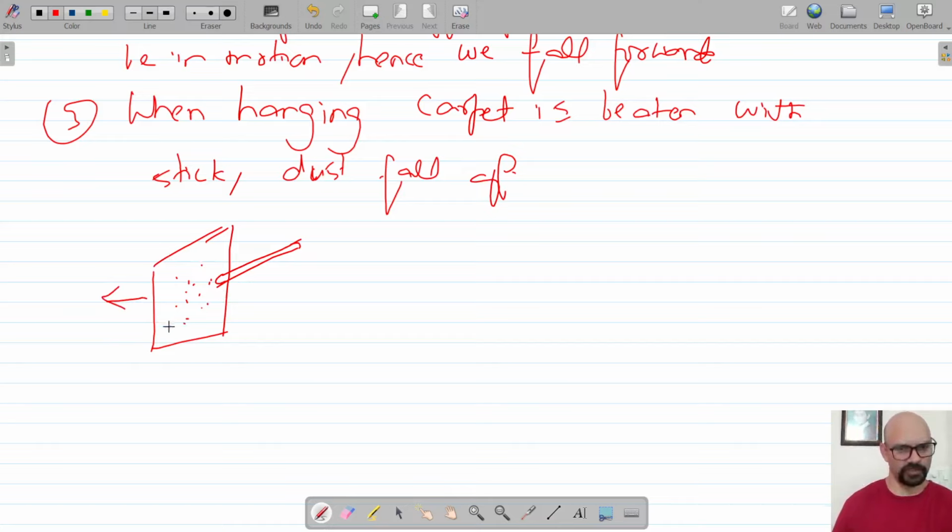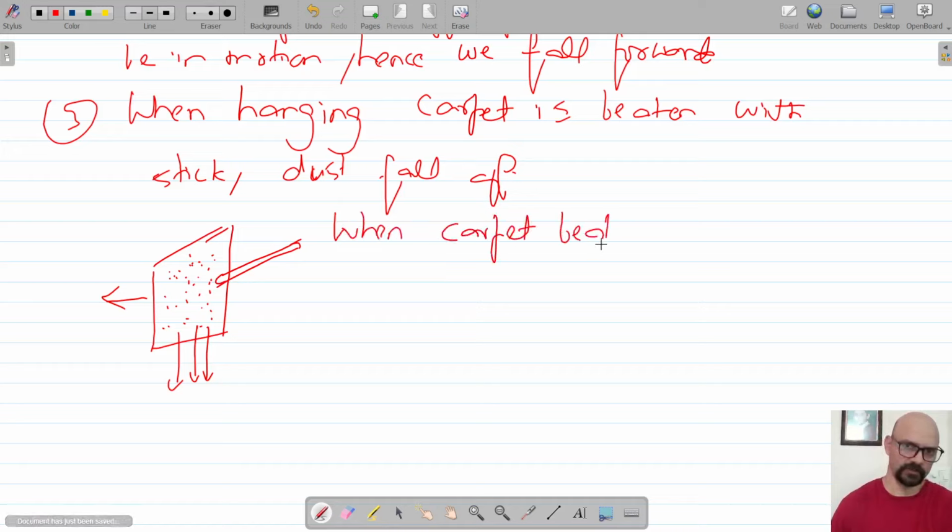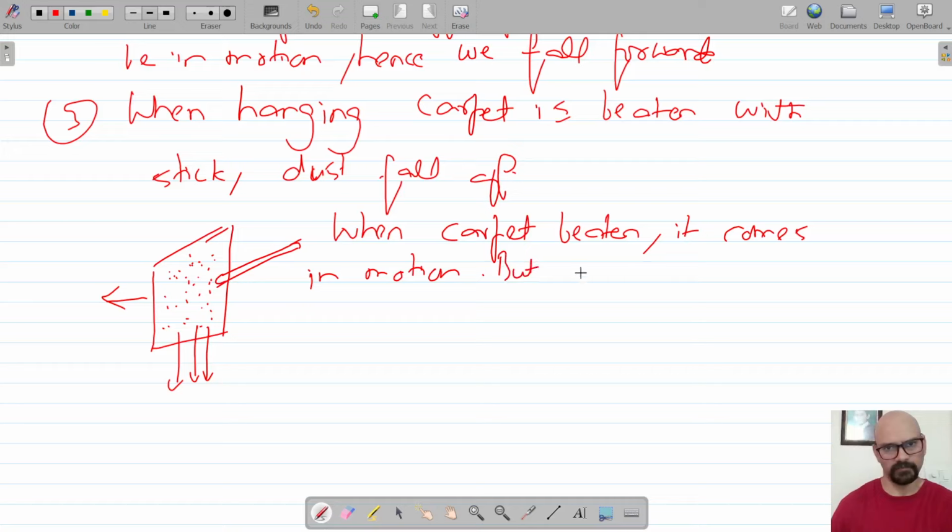But because of inertia, the dust particles will continue to be in rest, and hence they fall downward. This is the reason: when the carpet is beaten, it comes in motion, but the particles are at rest because of inertia.